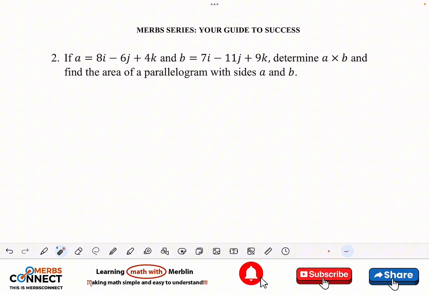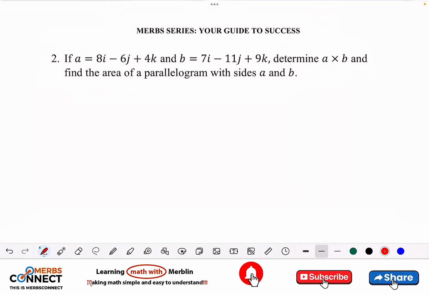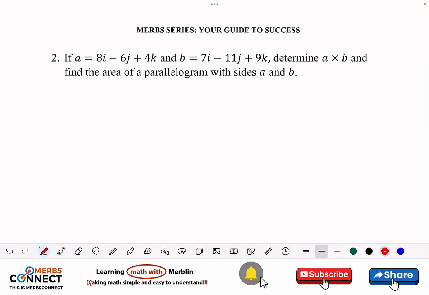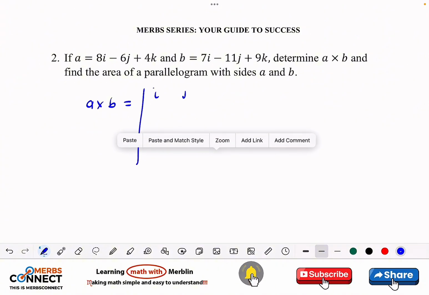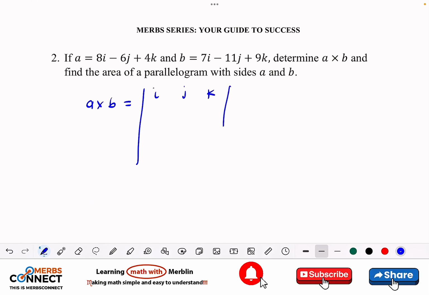Now, if A is this and B is this, determine A cross B. So we want to find A cross B, and what we just learned is what we are using. So A cross B is equal to, we use the i, j, and k.